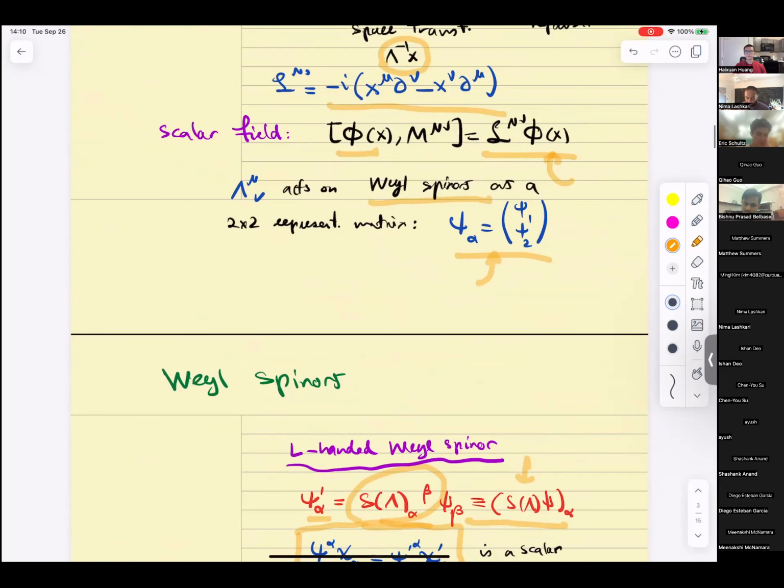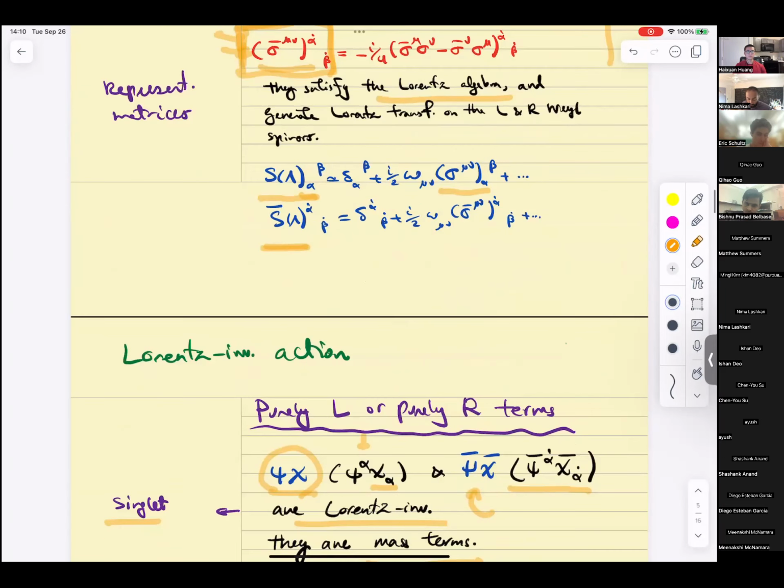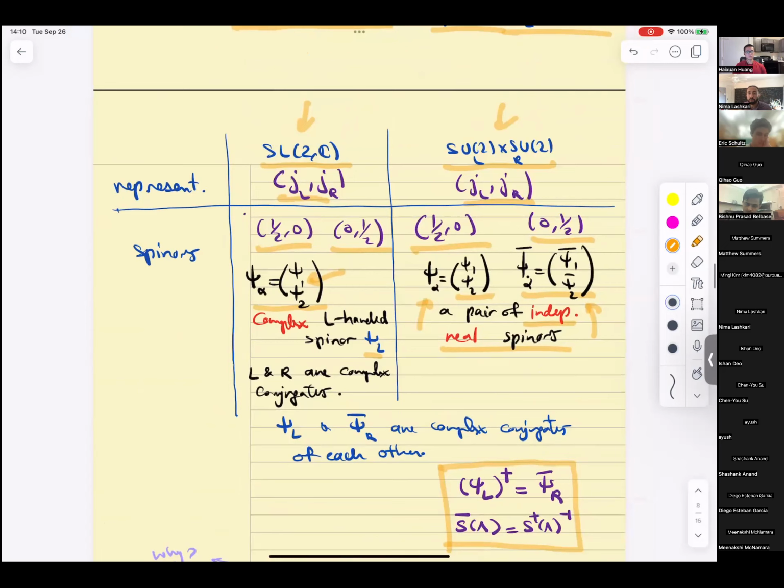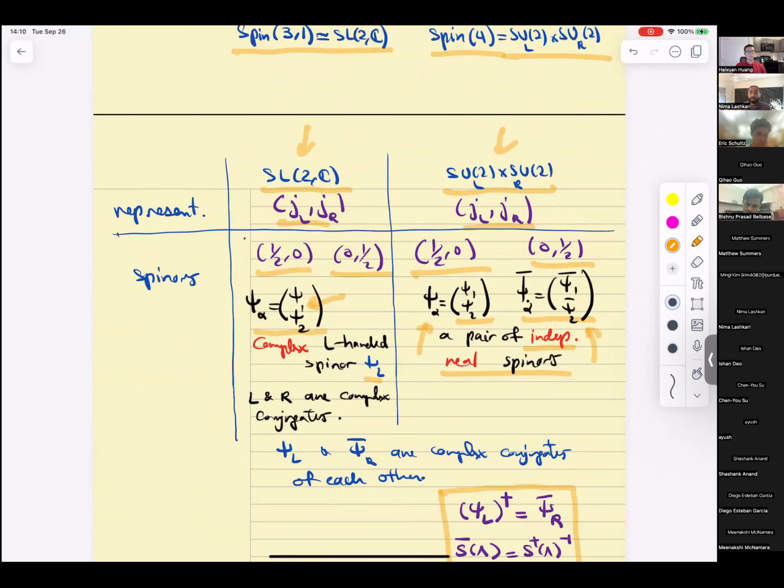All right, coming back here. So what does all of this mean for the Lorentz group? It means that when you are looking at the Lorentz representations of your Lorentz group, you still have the left and right Weyl spinors, but each of them are complex two-dimensional vectors, and the left and right are complex conjugates of each other.